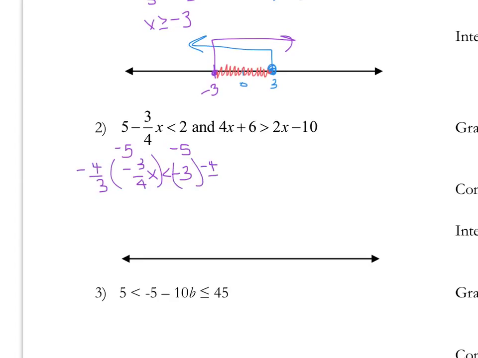Hopefully the light bulb is clicking right now that when you multiply or divide by a negative number, you need to flip the inequality symbol. So x is greater than 4. All right, for the second inequality, subtract 2x from both sides. 2x plus 6 is greater than -10.